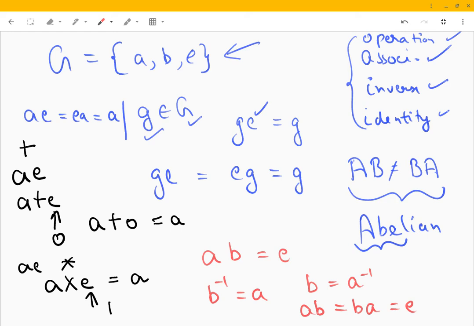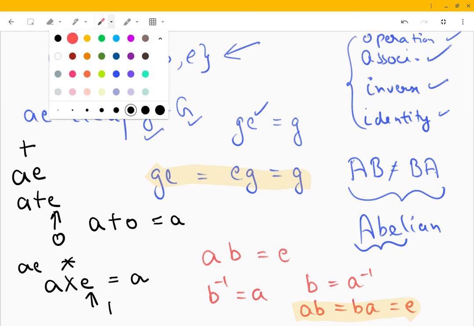I'm talking about this specific group now that we are taking, right? So even if a group is not abelian, identity will commute with every element, and the inverse of an element will commute with that element, right?